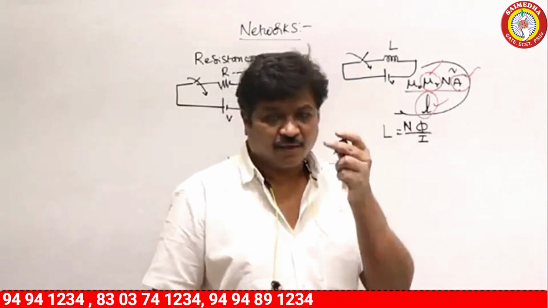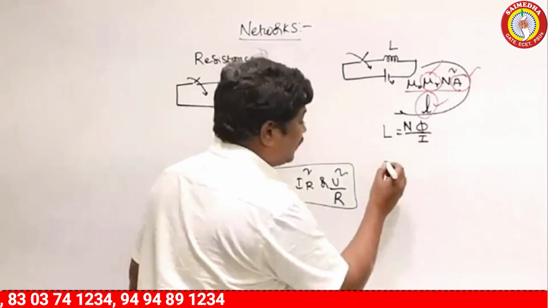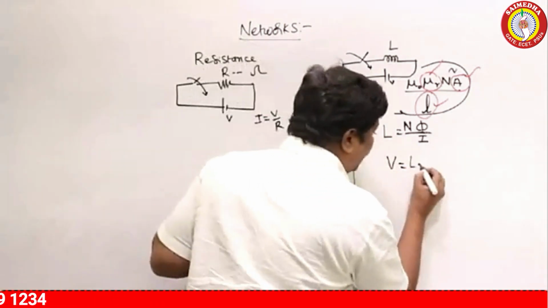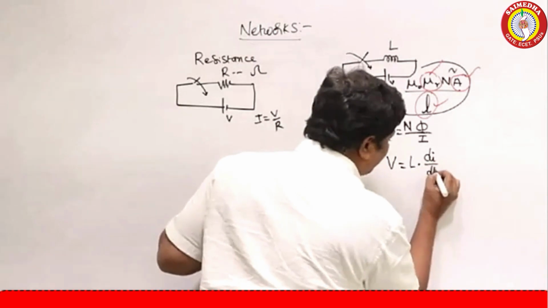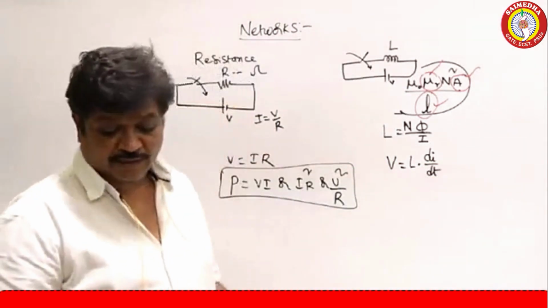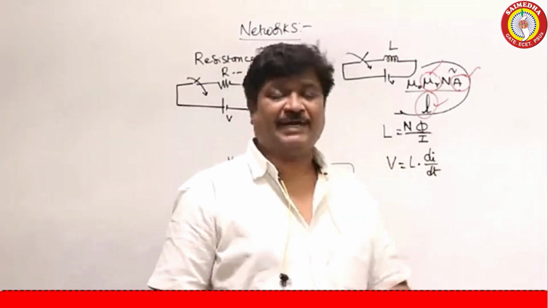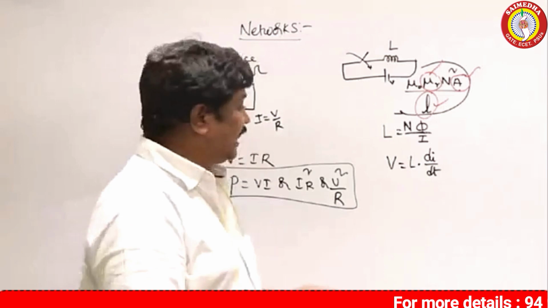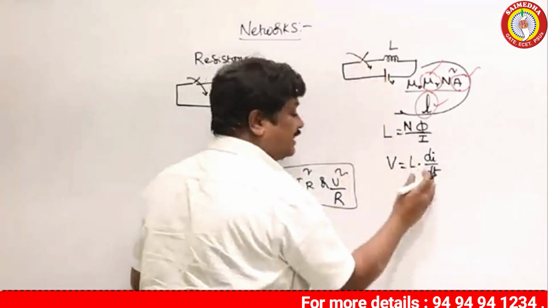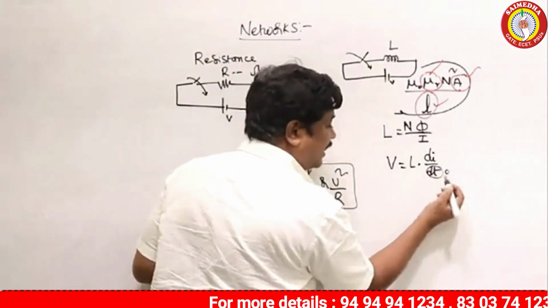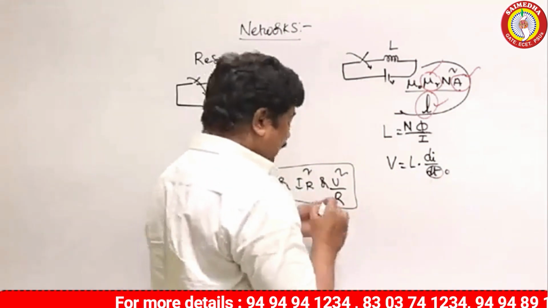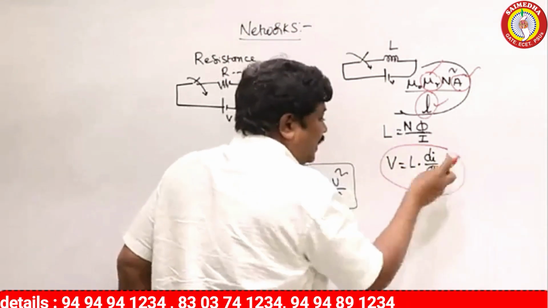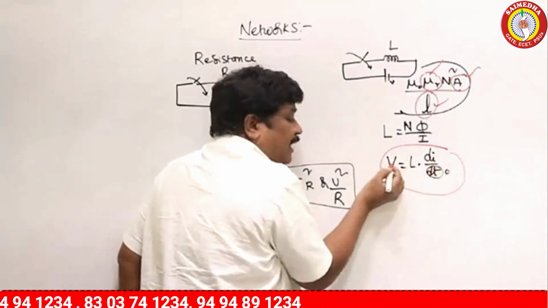You see, what is the voltage across the inductor? V is equal to L into di by dt. Now you see, my dear students, suddenly when I close the switch at the instant t0, what is going to happen to this entire equation? If the denominator is 0, what happens to your voltage?